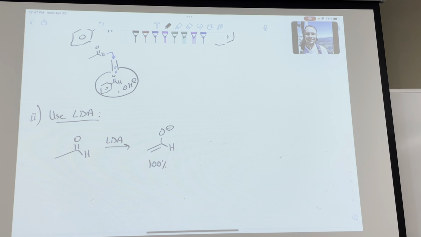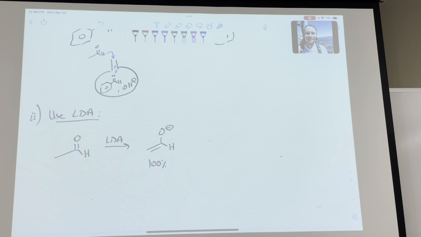So basically at this point, you would have a flask of nucleophile, nothing else. So once you add the LDA to this acetaldehyde, there's no reaction that's going to be happening because all you have is nucleophile. You don't have any electrophile around, so no reaction is going to happen.